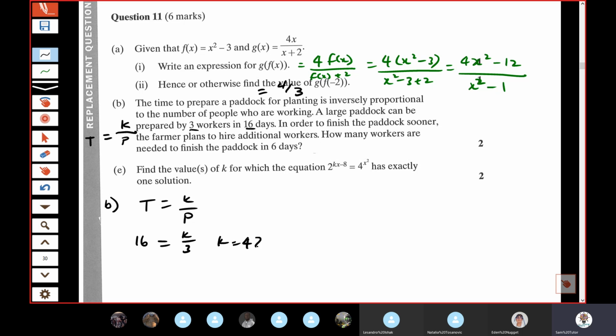So k equals to? Once you have that, you have your new equation that can relate workers and time. If you needed the paddock done in 6 days, T equals 6. And of course, P equals to?